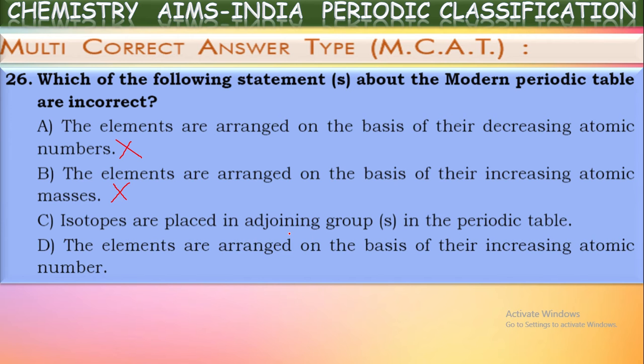So this is also an incorrect statement. See the last one: the elements are arranged on the basis of their increasing atomic number. Yes, this is the only correct statement. So what will be the correct answer? The first three, because these three are incorrect statements.